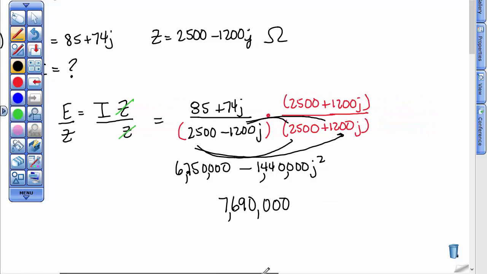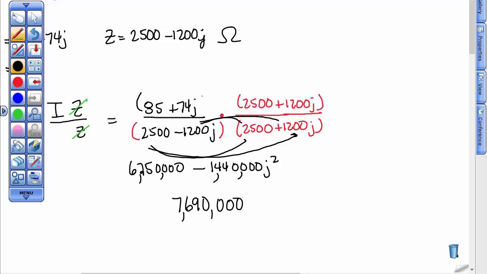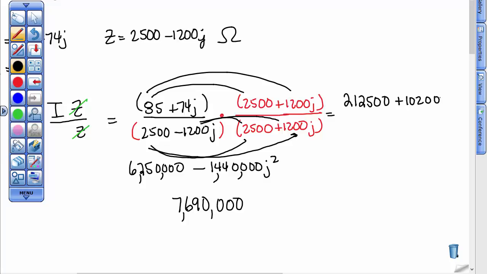So I've got to now take 85 times 2500, and I get 212,500. Just be careful. 85 times 1200 is, and it's a j term, 102,000 with j.